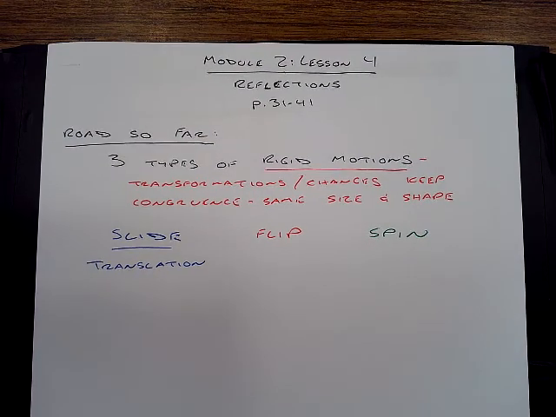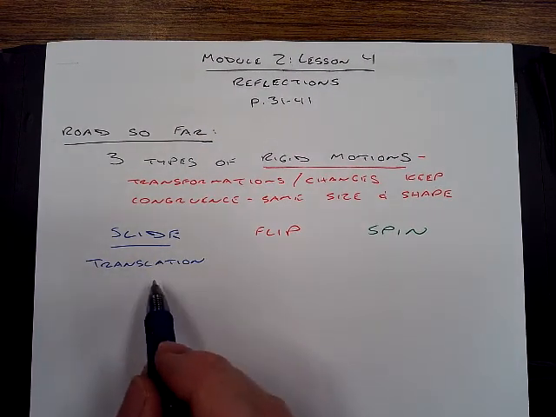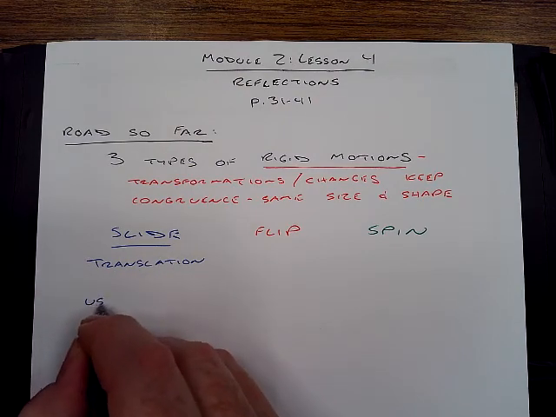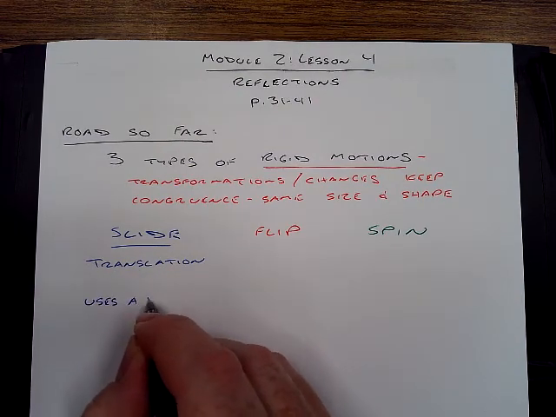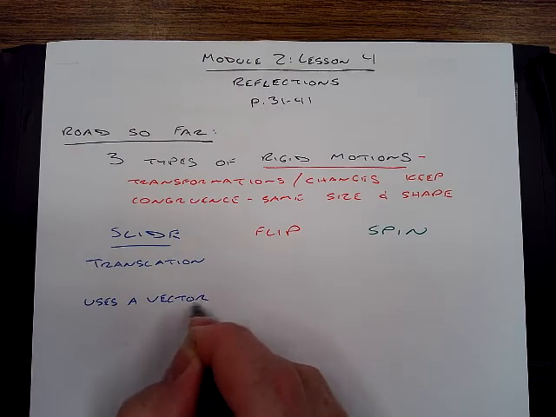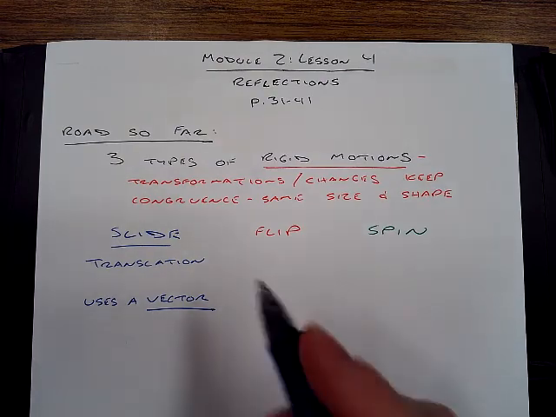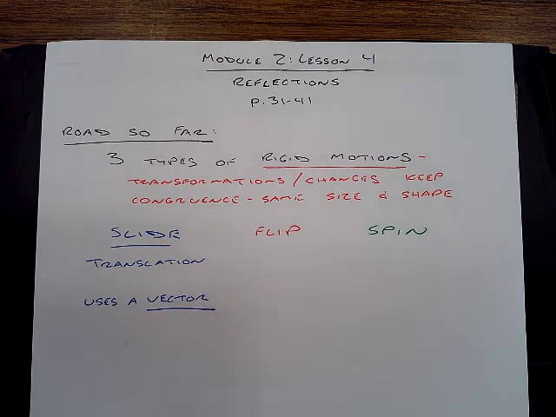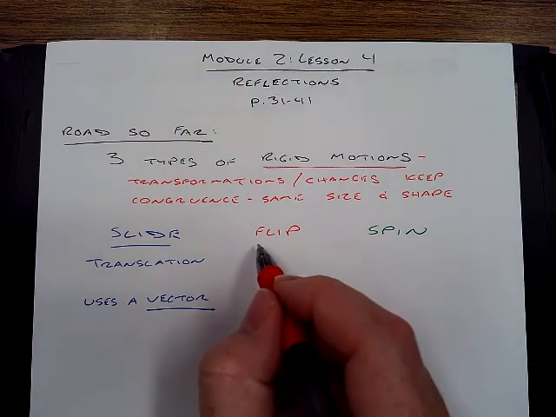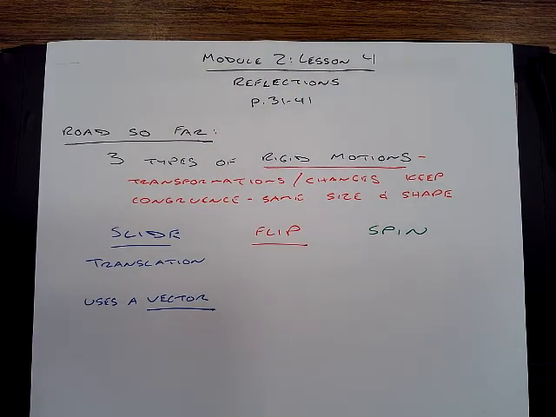And the rule for a slide, how the translation works, it uses something called a vector that shows direction and distance. So a slide is also a translation, and it uses a vector. Today we're going to talk about rigid motion 2, the flip.